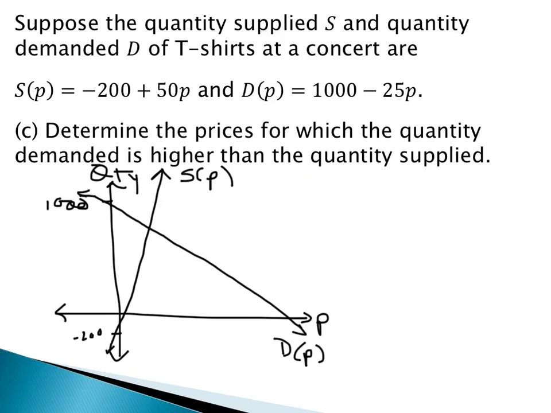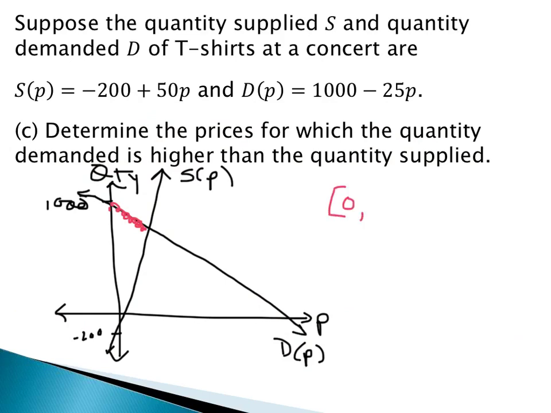They're asking you for which quantity demanded is higher than quantity supplied, and decide what prices that occurs for. So they're asking what prices along this x-axis is the demand function higher or greater than the supply function. Well, over here the demand function is lower than the supply function, but over here the demand function is higher. So we are looking for all the P prices that give you this.